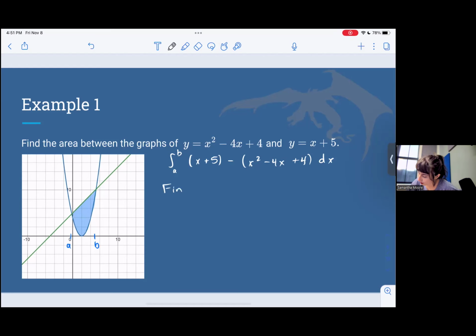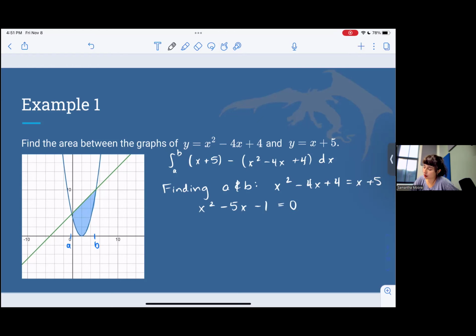So finding a and b, it's where y is both x squared minus 4x plus 4, and y is x plus 5. So we need x squared minus 5x minus 1 to be 0.